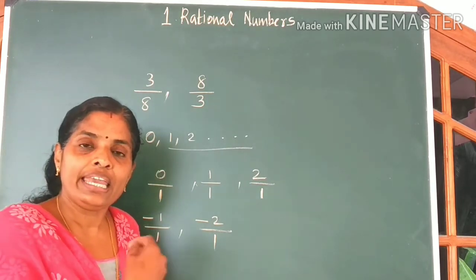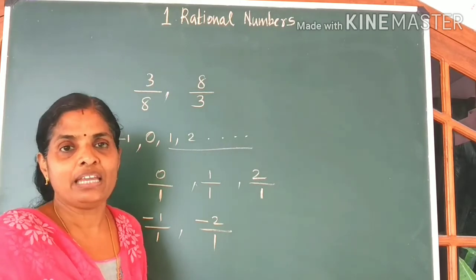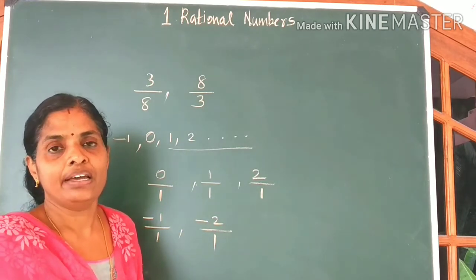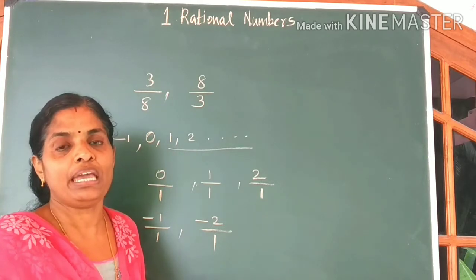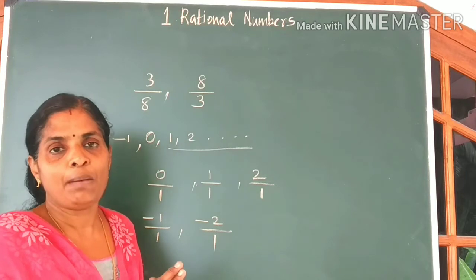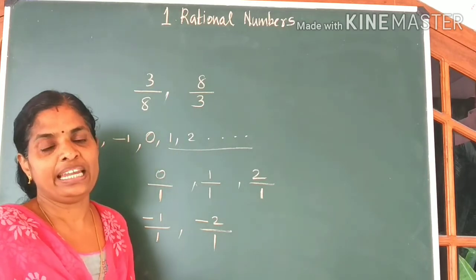You can call any positive integer a rational number because it can be written as the number by 1. Clear? Similarly, you can call all negative integers rational numbers. It is because a negative number can be written as a fraction. Hope the idea is clear.